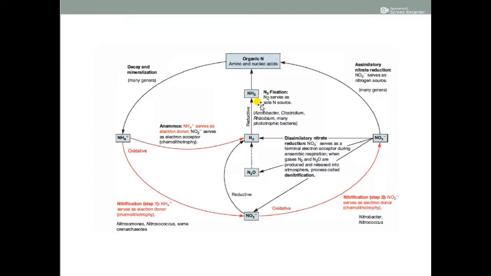This process of nitrogen fixation can be done by free-living forms such as Azotobacter and Clostridium, as well as symbiotic forms like Rhizobium. Rhizobium is present in leguminous plants, and there are various other symbiotic nitrogen fixers, which we will deal with in detail in the coming sessions.